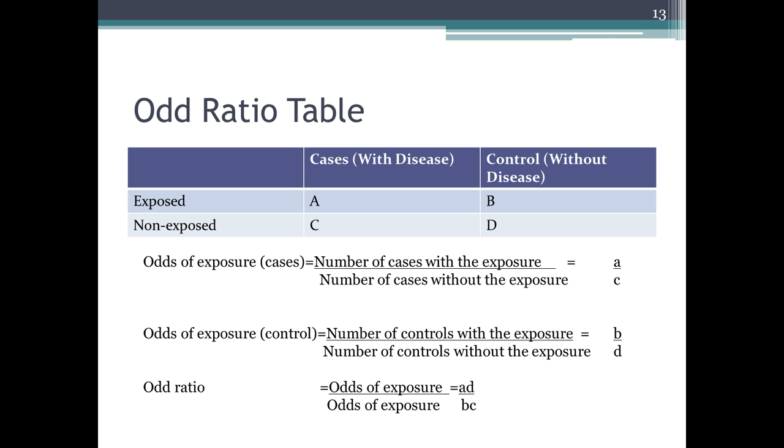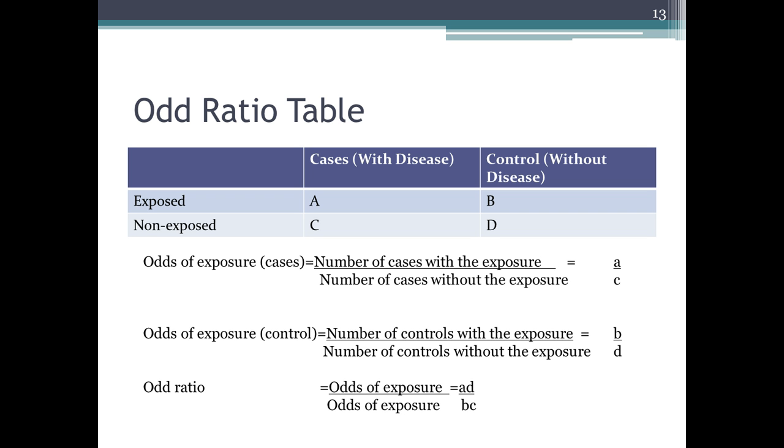Now the calculation doesn't end there. You will need to continue in order to get the odds ratio. Then you need to get the odds of exposure for the exposed, that is A multiplied by D, and the odds for the non-exposed, that's B multiplied by C. And then you divide those, and that way you will get your odds ratio.